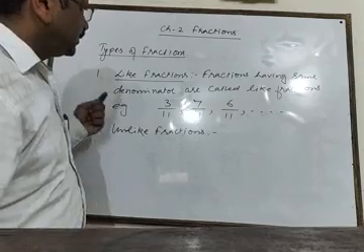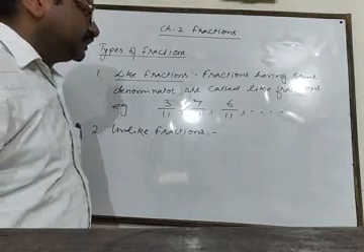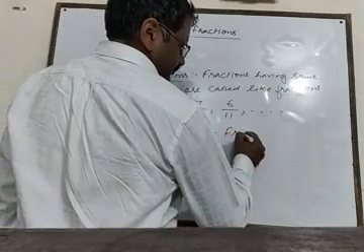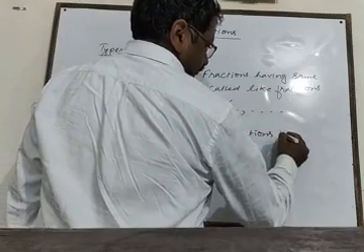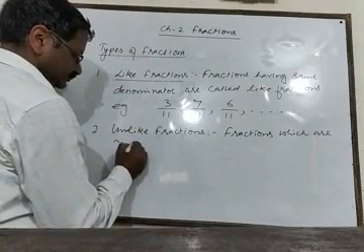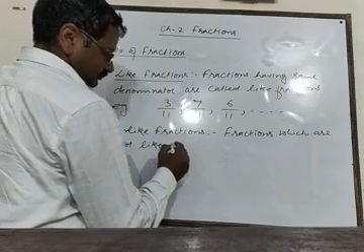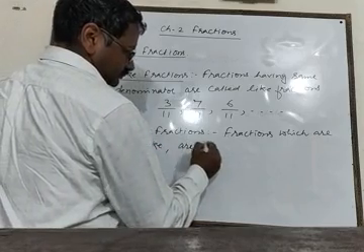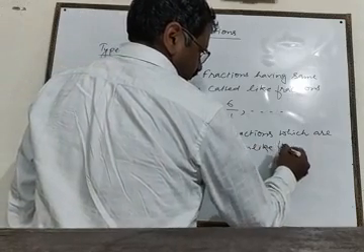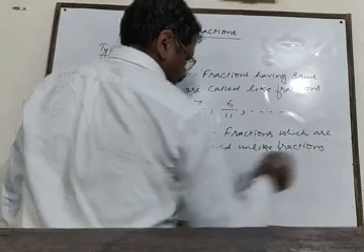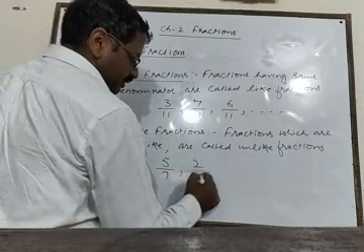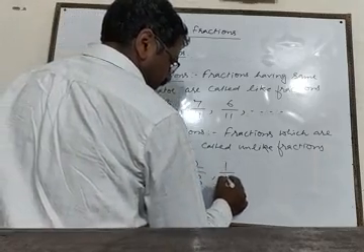Or in other words, we can say that fractions which are not like, they are called unlike fractions. For example, 5/7, 2/3, 1/5.